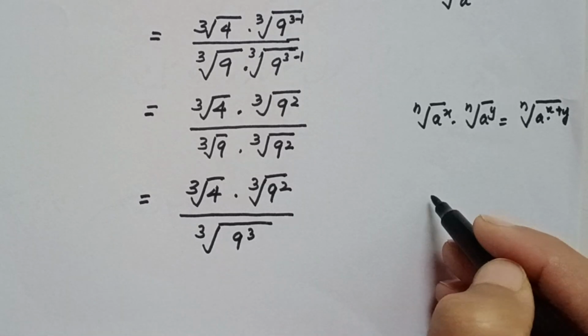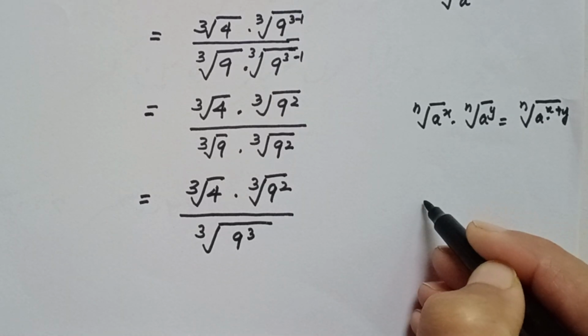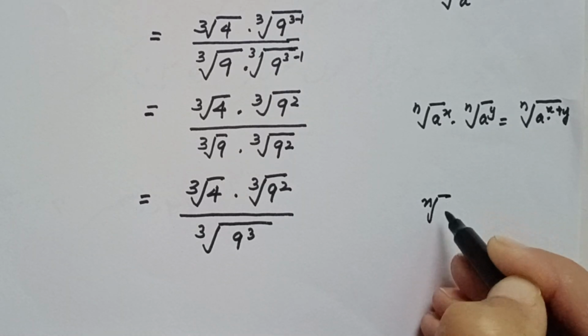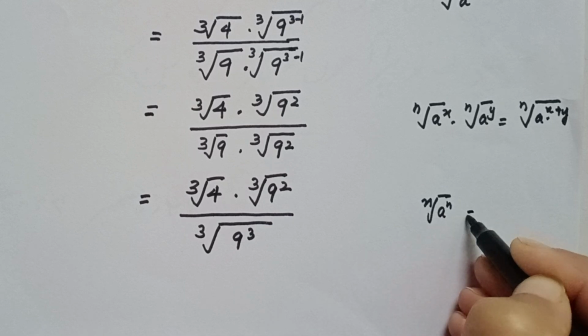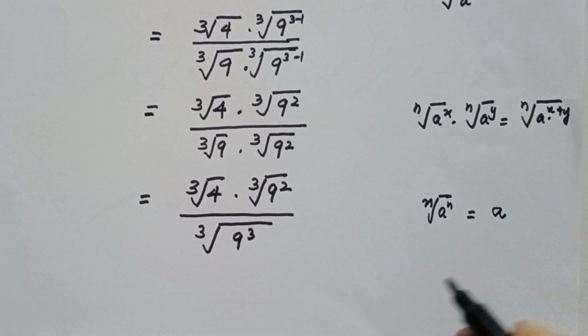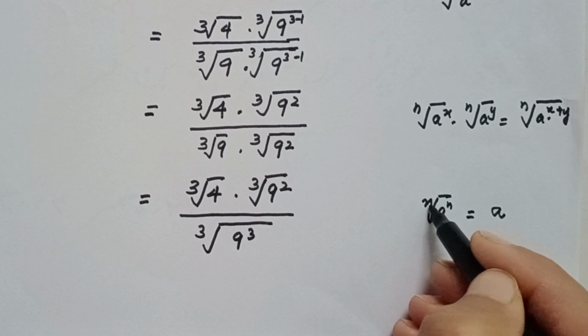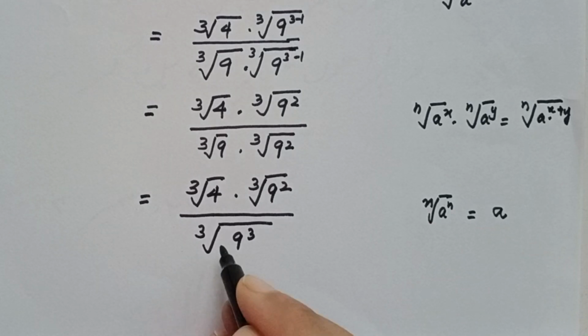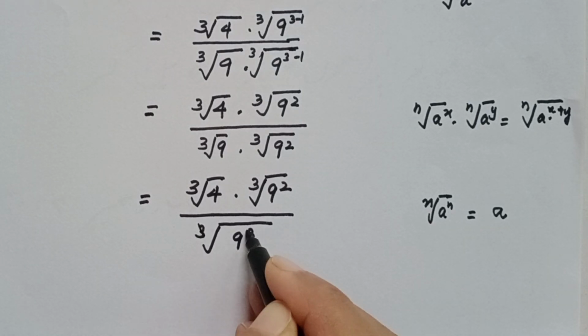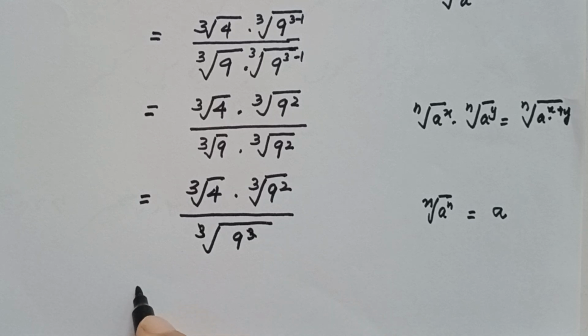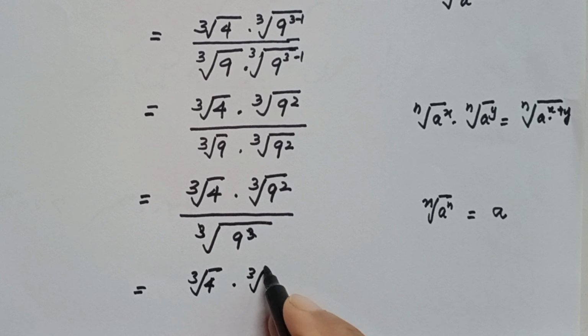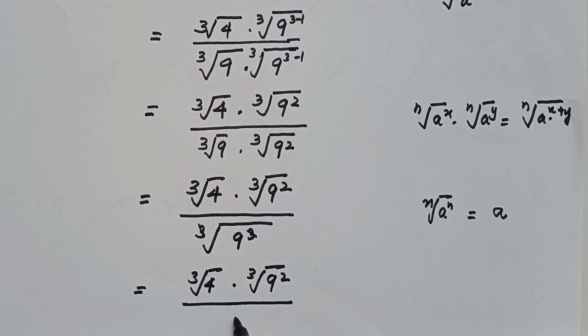Here we know that if the nth root of a to the power n is given, then we get a, because the power n cancels with the nth root. So this third power will cancel with the third root, and we will get the third root of 4 into the third root of 9 to the power 2 over 9.